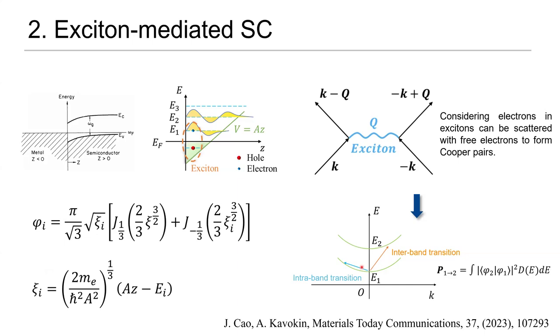May I ask more? You see, suppose you have an electron and a hole in the semiconductor. Their motion is restricted in that direction, but they can move in the parallel direction. So my question: in the parallel direction, do you imply that electron and hole really form the bound state, the exciton?